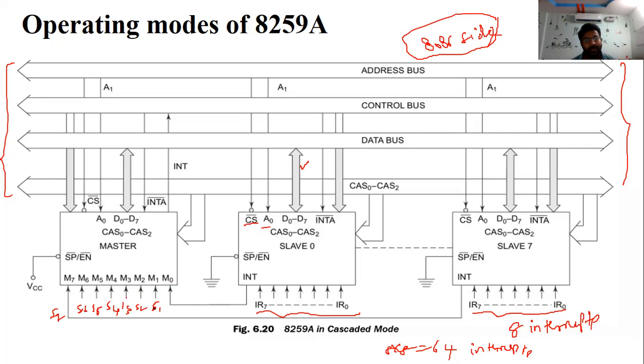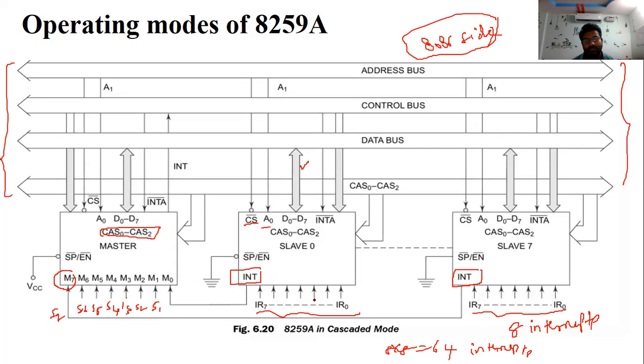So this 8-bit combination is provided by this one. So nothing but the interrupt signal: M0 is connected to the interrupt of slave 0, M1 is connected to the interrupt of slave 1, similarly M7 is connected to the interrupt of slave 7.